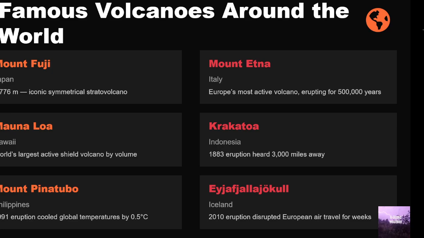Mount Pinatubo in the Philippines, whose 1991 eruption cooled global temperatures by 0.5 degrees Celsius. Mount Etna in Italy, Europe's most active volcano, erupting for 500,000 years. Krakatoa in Indonesia, whose 1883 eruption was heard 3,000 miles away.